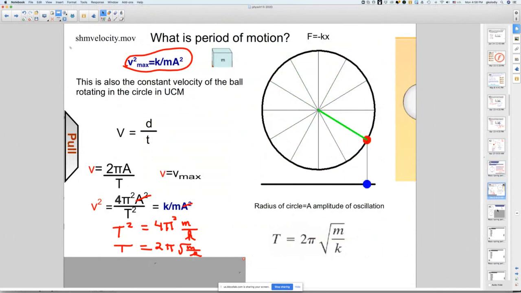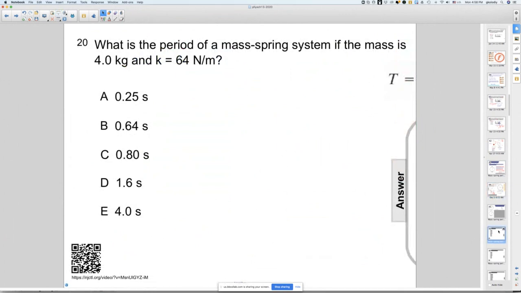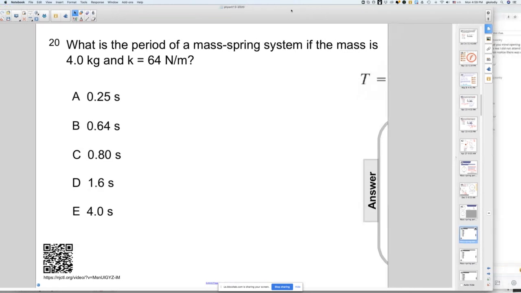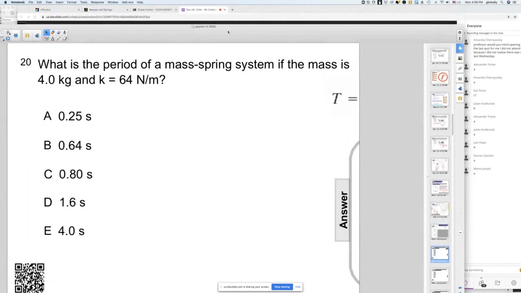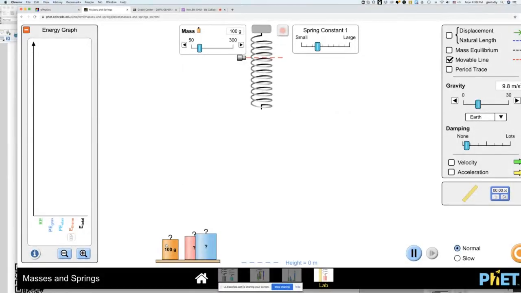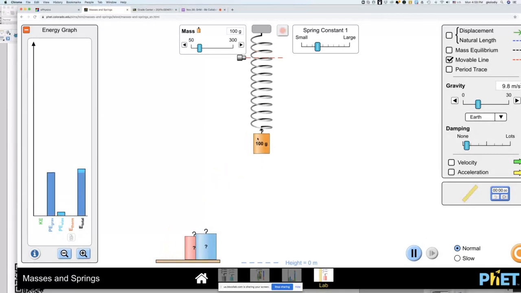So, but let's do a couple of problems now using it. So here's a problem where we have, I'm going to move this so I can see who's answering. So what is the period of a mass spring system, like the one we just saw? Hey, by the way, a mass spring system also is this. You hang a weight here. This is the equilibrium line.